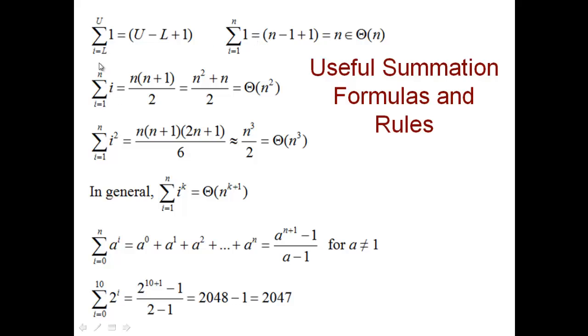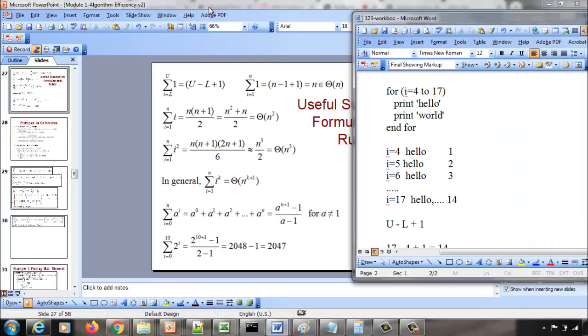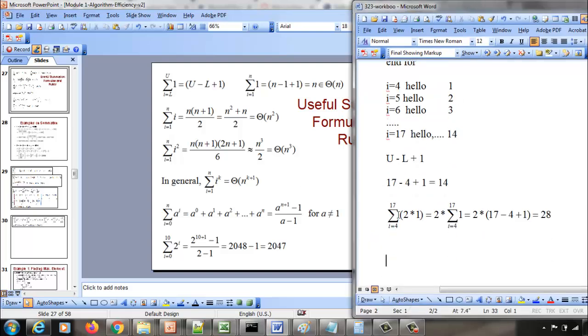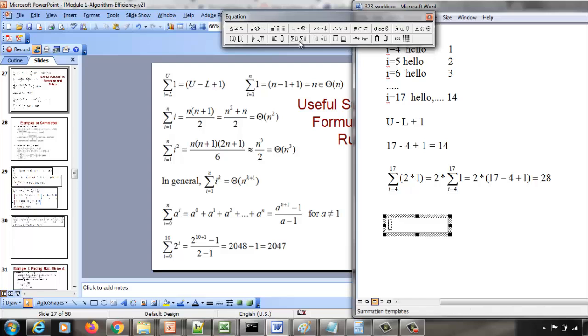So sigma I equals 1 to n of I. Let's open up the summation and substitute different values of I. So I equals 1, we have 1.